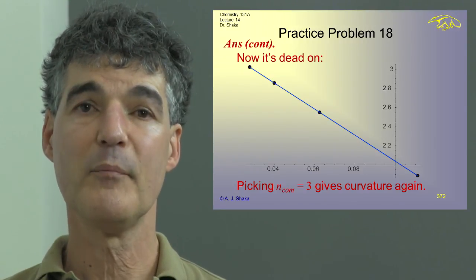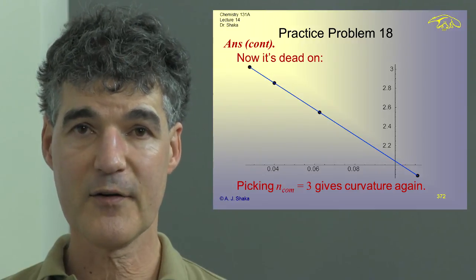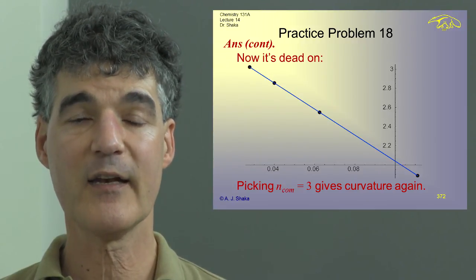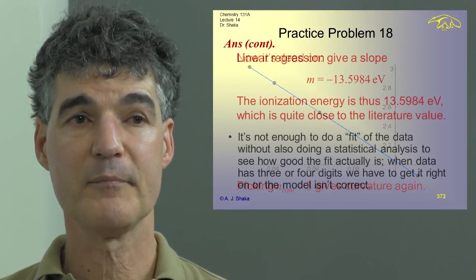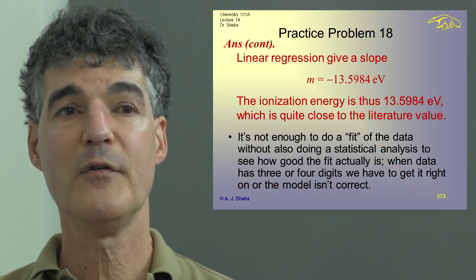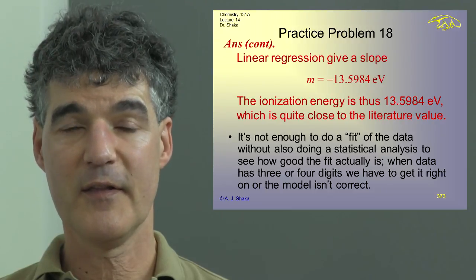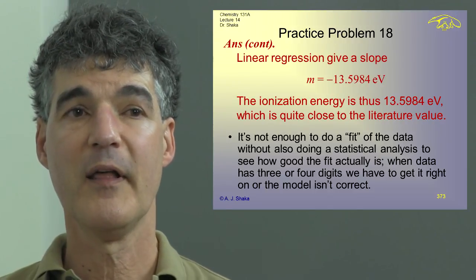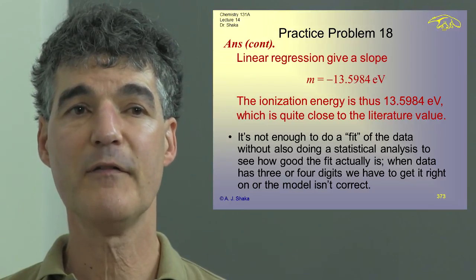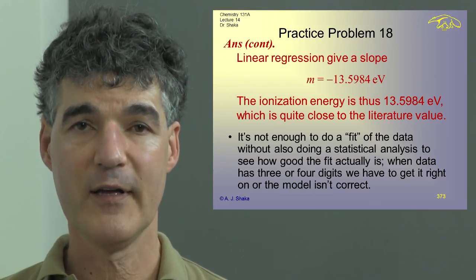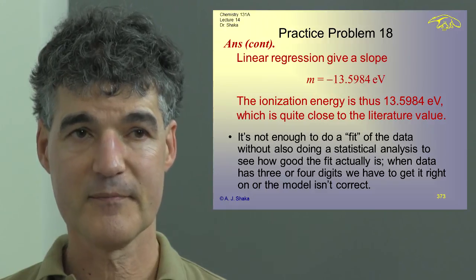It's curved, but you have to have a critical eye in order to see it, and you have to understand how accurately these plots should come out. If you do a linear regression on this and you take the slope, then the slope, m, is equal to minus 13.5984 electron volts.